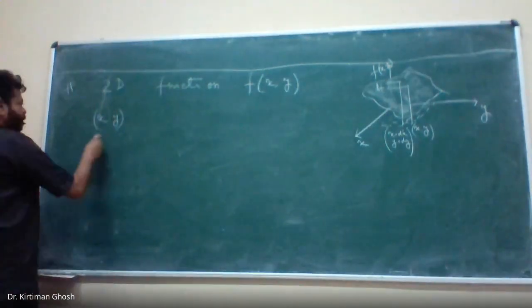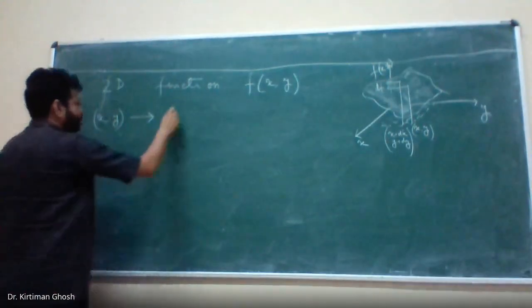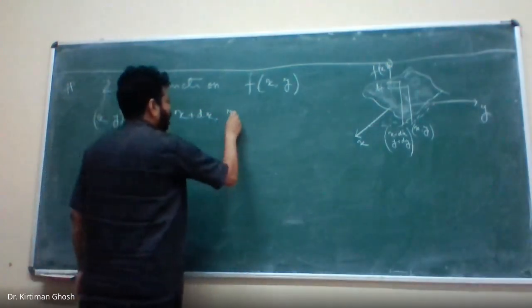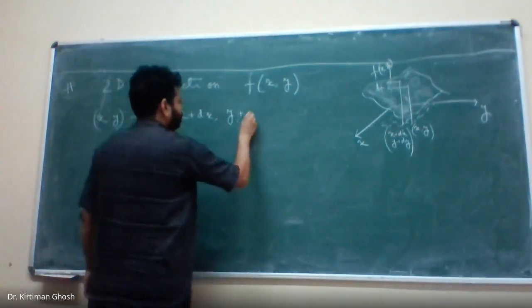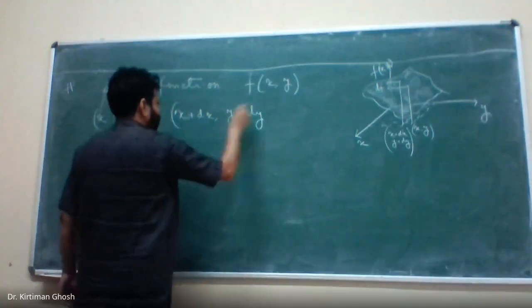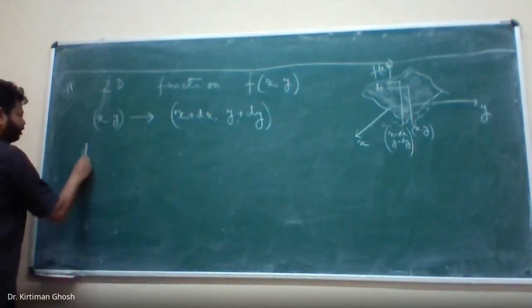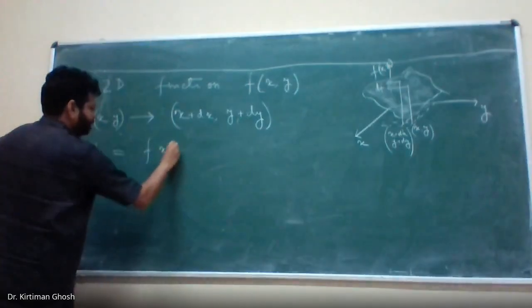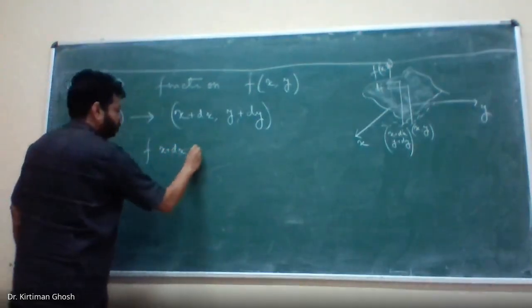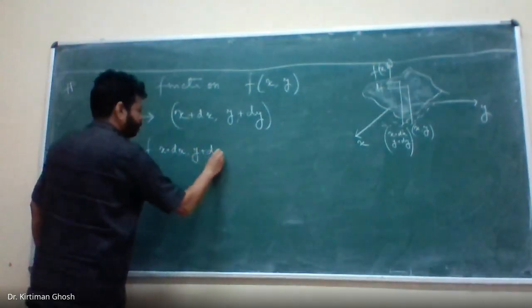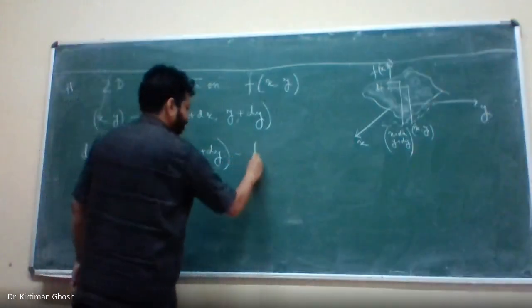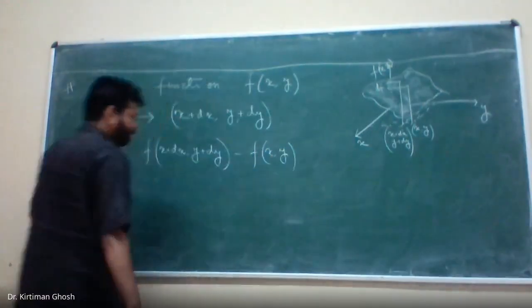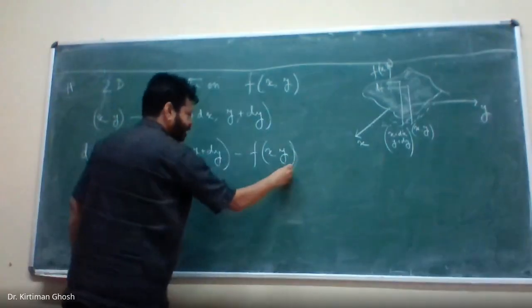The answer is simple. x goes to x plus dx and y goes to y plus dy. What is the change in that function? That will be f(x plus dx, y plus dy) minus f(x,y), up to linear order in dx and dy.